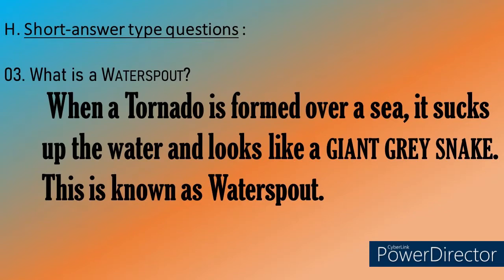So if they are over the sea, the water is sucked up, and you come across a large whirling twisting structure which appears like a giant grey snake. This grey color is because of the water along with the clouds. This structure is known as a water spout.